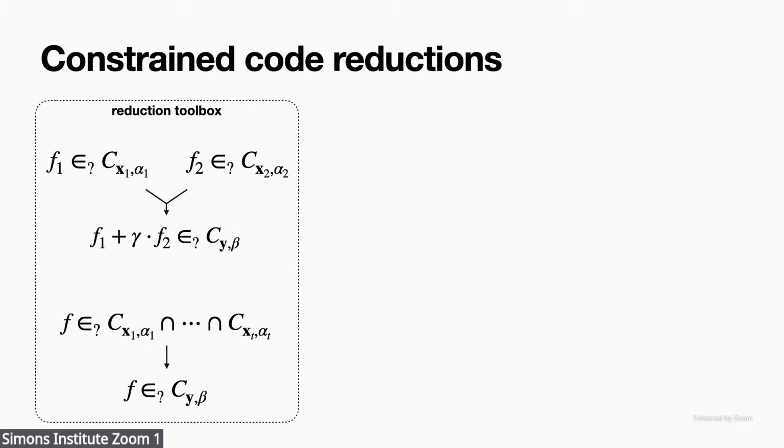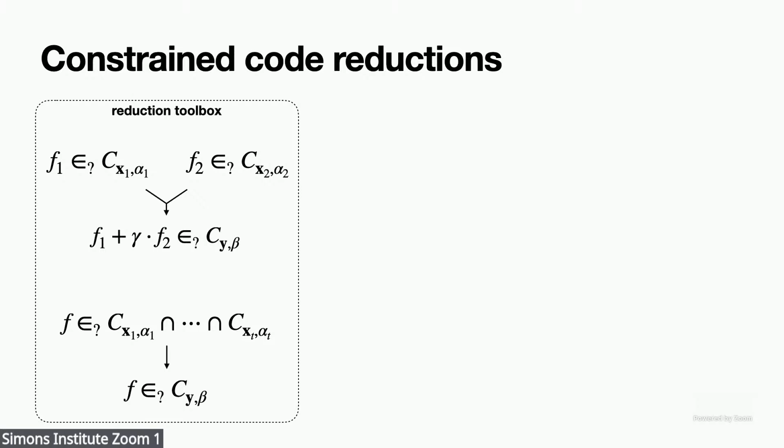Using this constrained code, it turns out that we can do a lot of interesting reductions. I'm not going to go through how we do these, but they're fairly lightweight, and based on standard folding techniques. For example, given any two input claims about membership in two different constrained codes, we can reduce this into a single claim about membership in a new constrained code about the random combination of vectors.